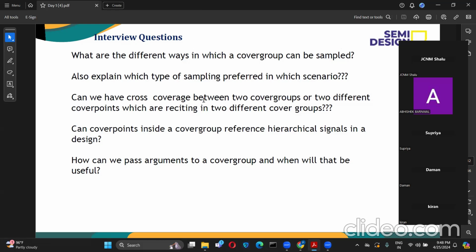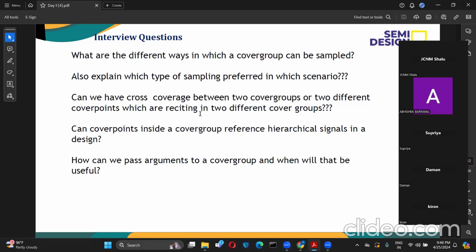Then, can we have cross coverage between two cover groups, or two different cover points residing in two different cover groups? Yesterday also we had this question, right? I told you I'd answer tomorrow. The answer is no, because of the reason we discussed yesterday. They will be sampling at different instances, so there will be a synchronization issue.